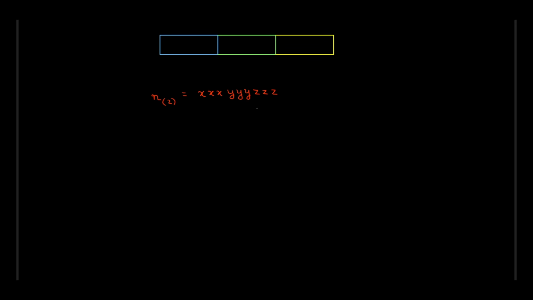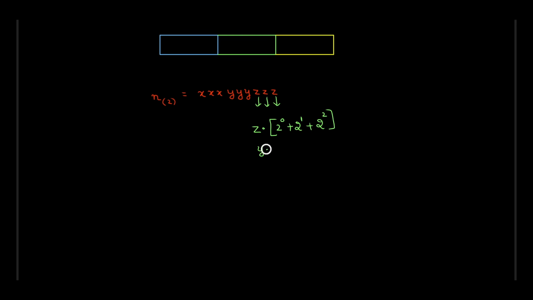You will realize that the value of this number is 2 to the power 0 into z, 2 to the power 1 into z, 2 to the power 2 into z. So you will see that z is common amongst all three. So the value of this number will be z into 2 to the power 0 plus 2 to the power 1 plus 2 to the power 2. Similarly, it will be the same for y as well.